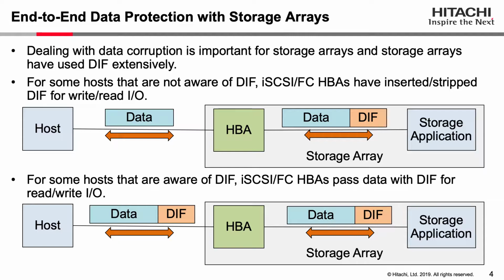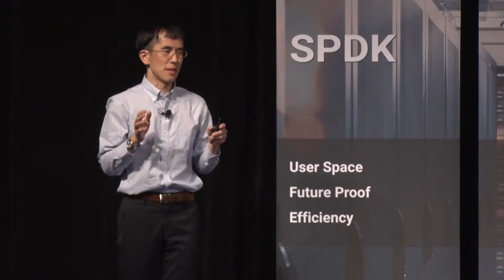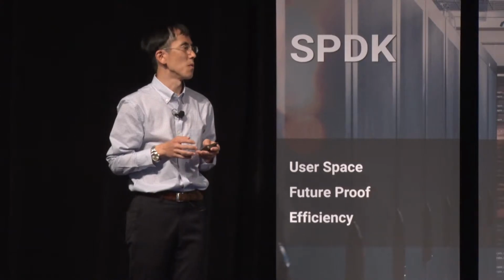For hosts that are aware of DIF, for example an enterprise database or enterprise file system, HBAs pass data with DIF for read or write I/O. If SPDK can support these features without specialized hardware, users have more options, and can choose hardware or software depending on their own needs.